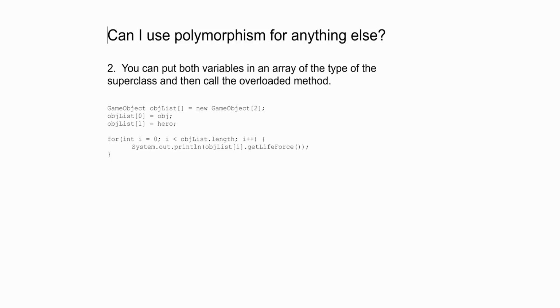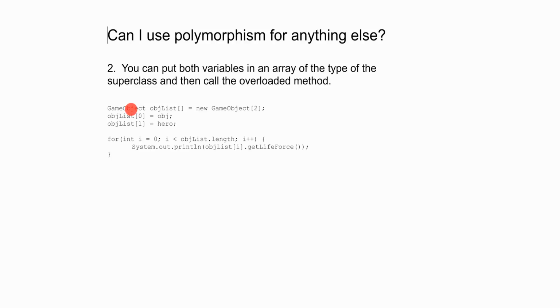Then I'm going to call getLifeForce on every object in the list, and I'm going to write a little for loop here, which goes through and processes the entire array, calling getLifeForce on each one. Now, it's curious how this works because everybody's saying, well, which version of getLifeForce will it call?